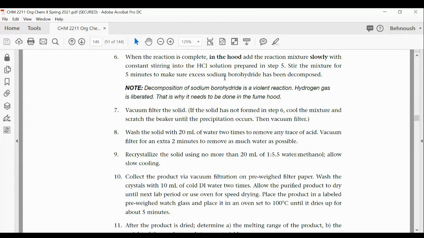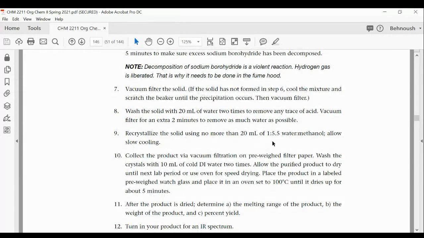So after the HCl, you are going to filter it, and if needed, recrystallize the sample with the recrystallization solvent, which is a 1 to 2.5 water methanol solution.